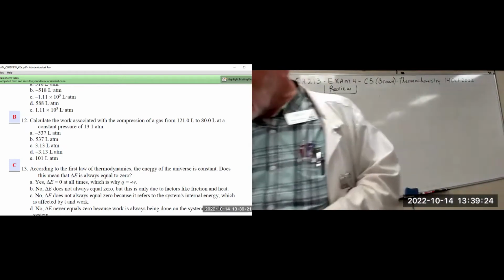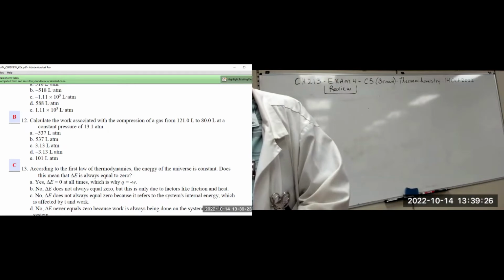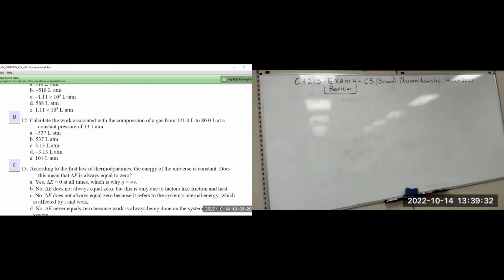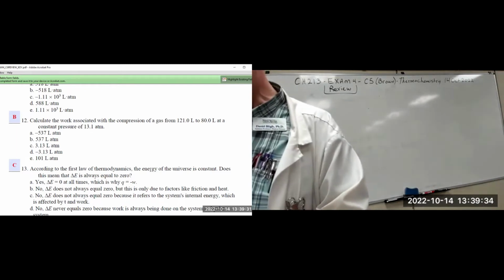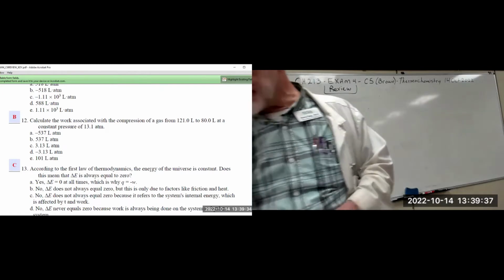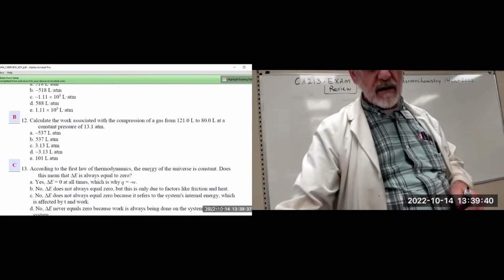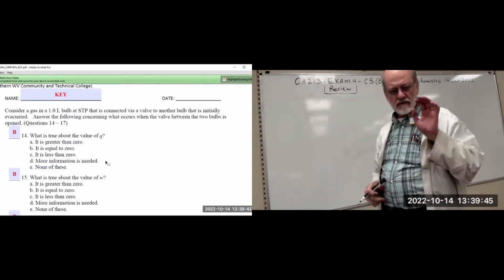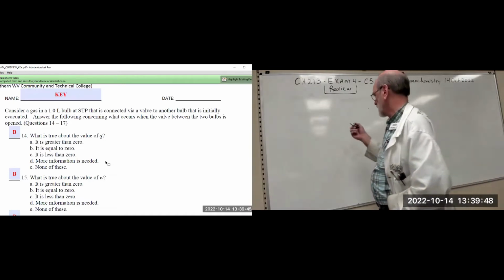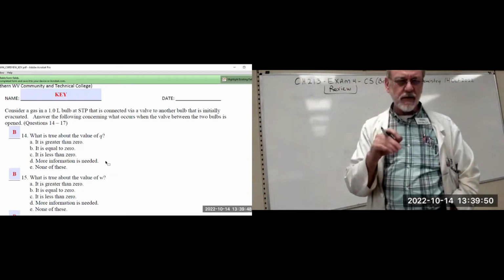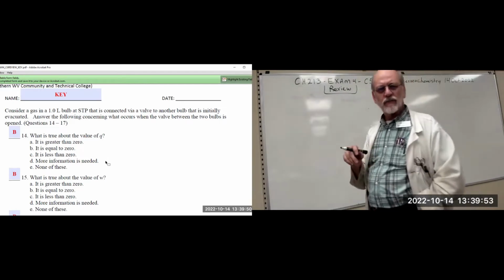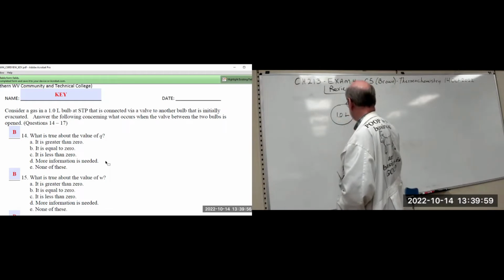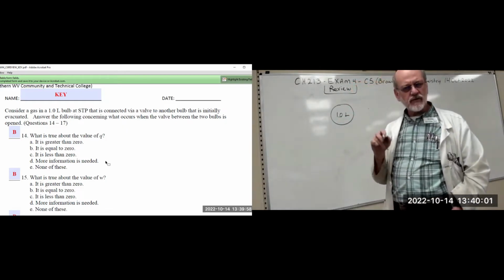All right. That was 12. Let's go to 14. 14 through 17 are based upon that scenario at the top. So let's put that up there first. Consider a gas in a 1 liter bulb at standard temperature and pressure.